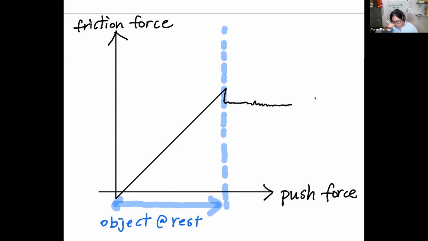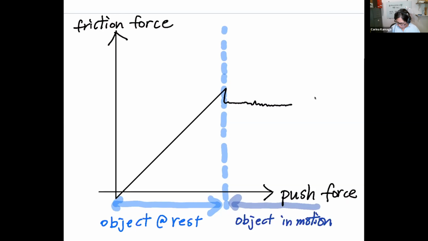But after you exert enough push force, it starts sliding. So from here, after that, the object is in motion. But just because the object is in motion, the friction force doesn't change, because it only depends on the material properties of the two.